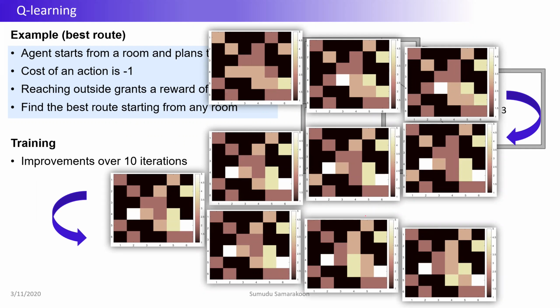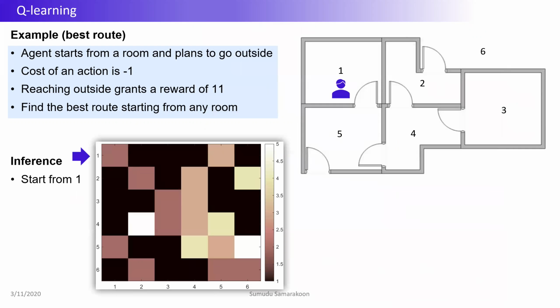Now let's see, after this training, because this is still the training phase, what would happen when we go to the inference phase? Suppose we start from room 1. Out of the options available in room 1, staying here or moving to room number 5, we can see this one has the higher Q value.